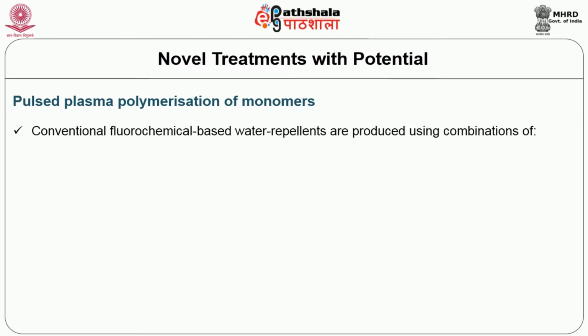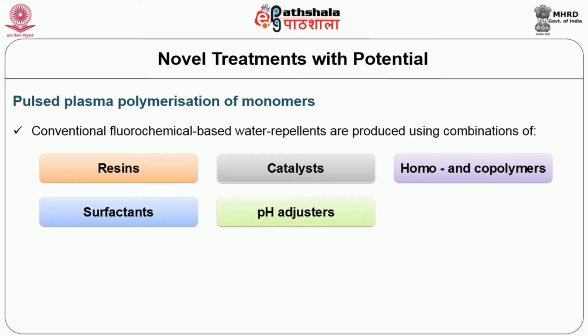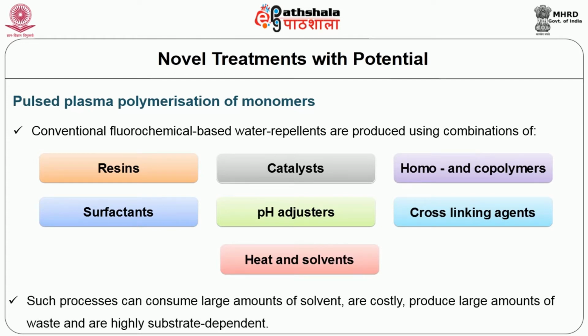Conventional fluorochemical based water repellents are produced using combinations of resins, catalysts, homo and copolymers, surfactants, pH adjusters, cross-linking agents, heat and solvents. It has been pointed out that such processes can consume large amounts of solvents, are costly, produce large amounts of waste and are highly substrate dependent.